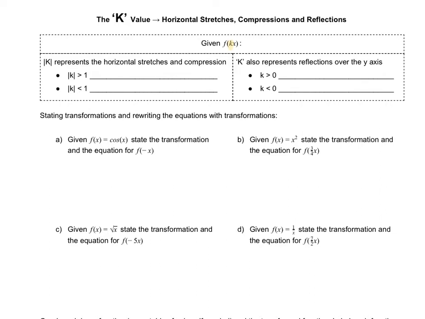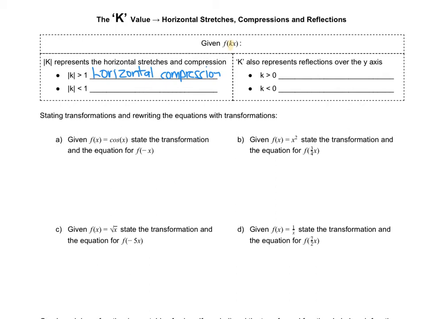So if the absolute value of k is greater than 1, you might think that it's a horizontal stretch, when in fact it is a horizontal compression. And it will be by a factor of the reciprocal of k. So if your k value is 4, let's say, it is a horizontal compression by 1/4 because you're compressing.